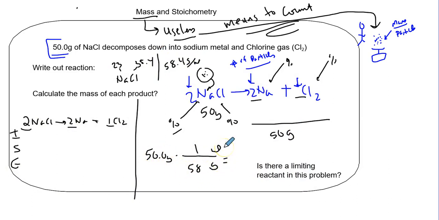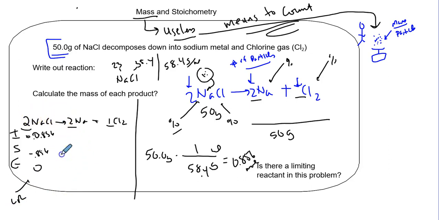You divide that out, 58.4, we'll make sure we get the full sig figs here, not cut ourselves short. 50 divided by 58.4 is 0.856. So this is 0.856 moles. Minus 0.856 is 0. That's my limiting reactant, by the way.